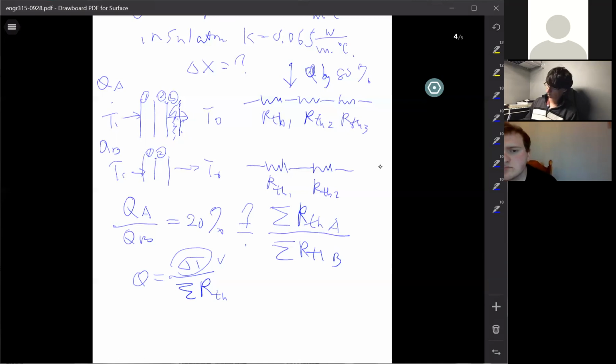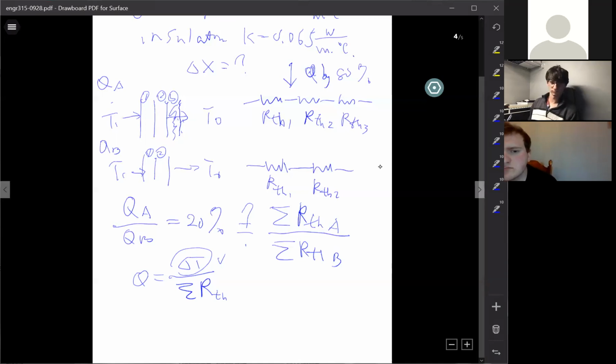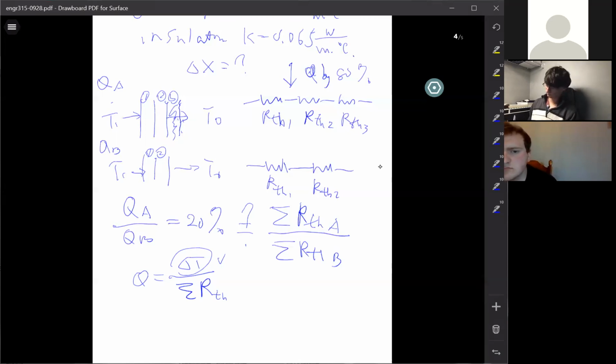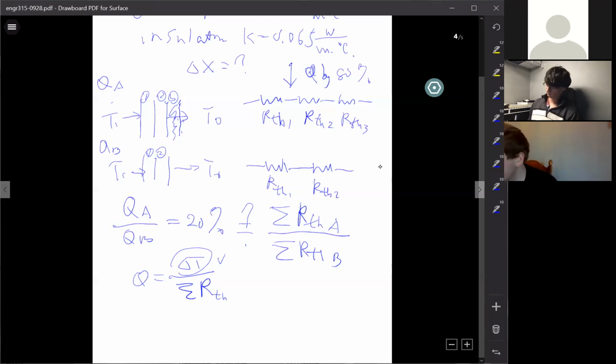Okay, if QA is 20% of QB, how about R theta? It's in the denominator. See, I wrote it wrong. That's why I put a question mark here. That should be equals, if you remove the question mark, B over A. Without insulation and with insulation.